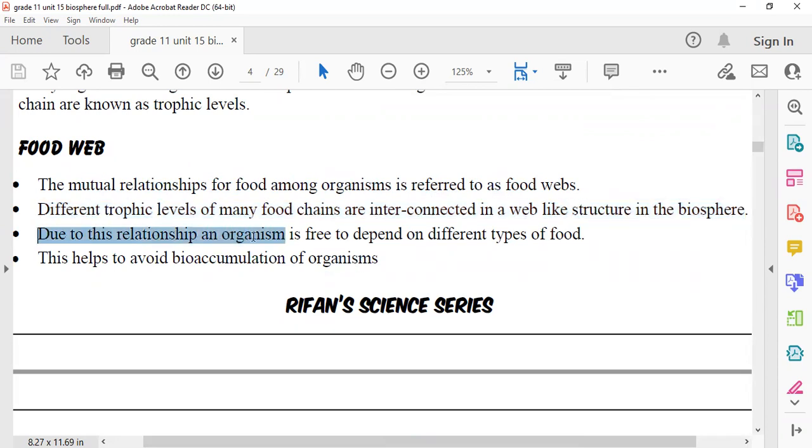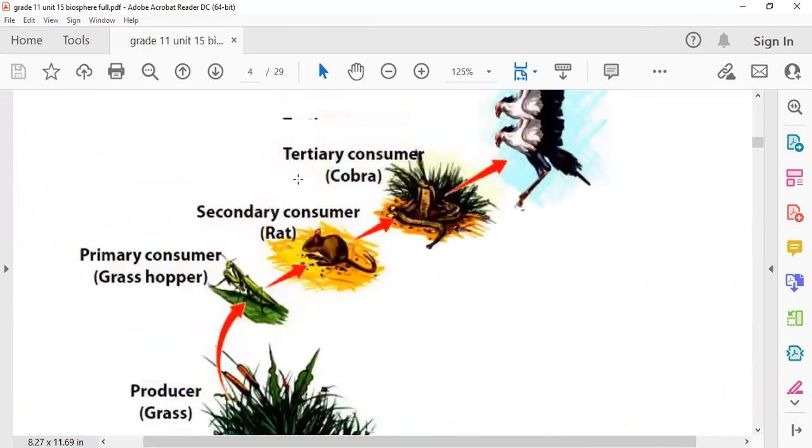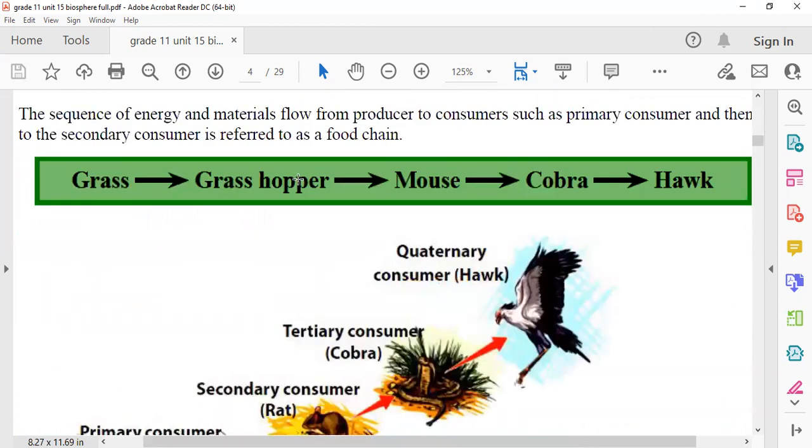Due to this relationship, an organism is free to depend on different types of food. That means you have many choices. If one is not available, another food is available. Let's look at this food chain.